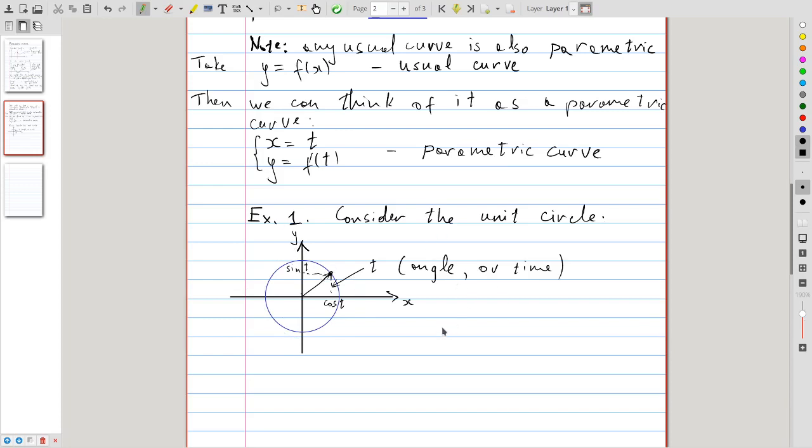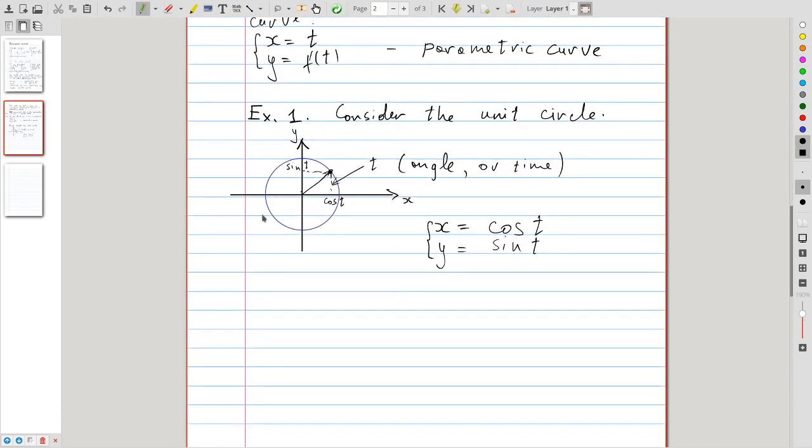The x-coordinate of this particle is given by cosine t, and the y-coordinate of this particle is given by sine t. And this is just from the definition of the unit circle and how it is used to define sine and cosine of t.